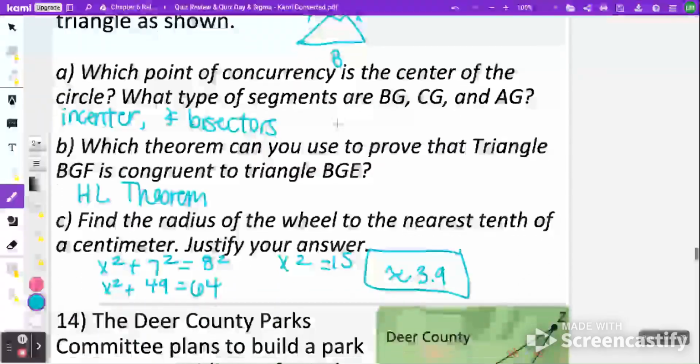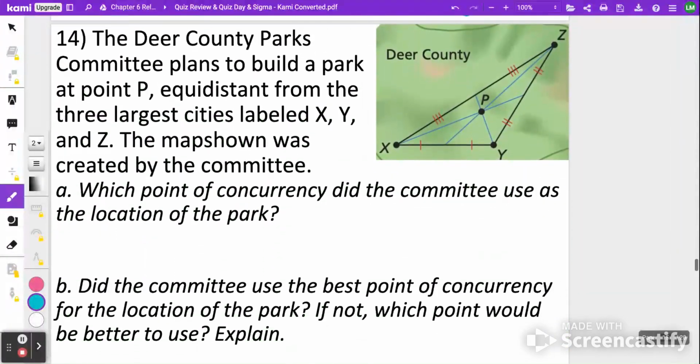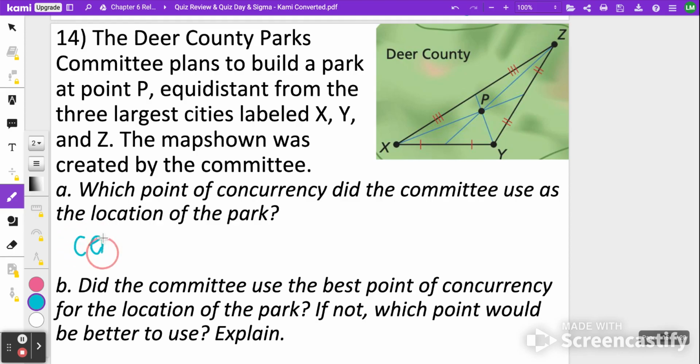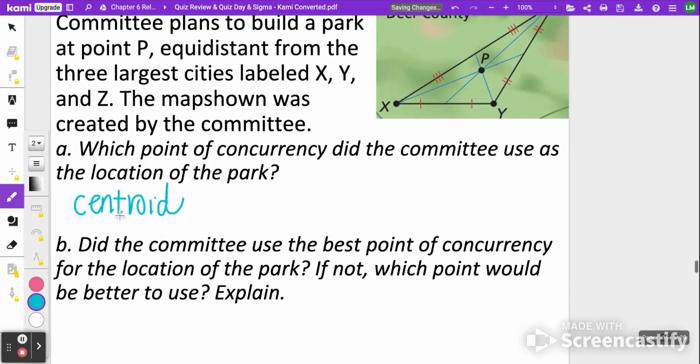The last one says the Deer County Parks Committee plans to build a park at point P, equidistant from the 3 largest cities X, Y, and Z. The map shown was created by the committee. Which point of concurrency did the committee use as the location of the park? They tried to use the centroid here, but if you are using the centroid here, it would not show everything being equidistant.